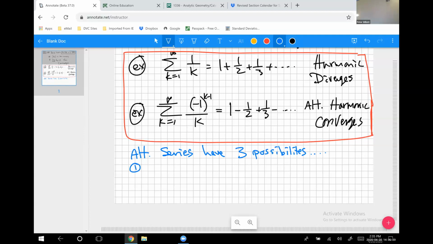One, so let's look at this example that I'm showing right above, the alternating harmonic series. So I'm going to write the alternating version converges, but the absolute value version, meaning if all the terms are positive, diverges.